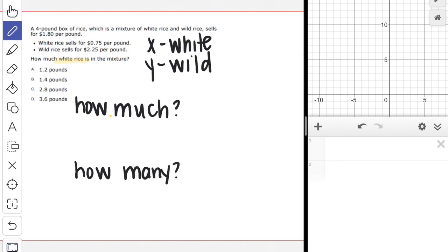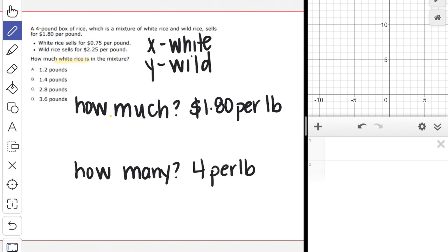So how much is, we know that it's $1.80 per pound. And the how many, we know that it asks us for 4 pounds. So we need to organize that information. So how much per pound? Well, we know that the white rice is 75 cents per pound.